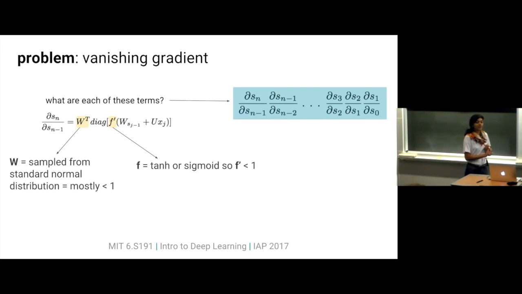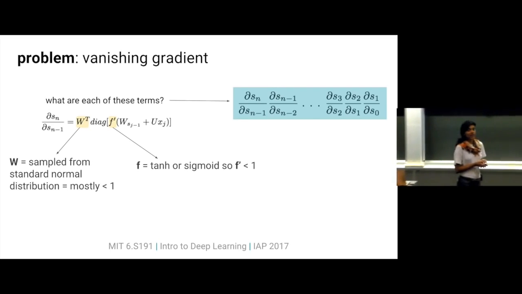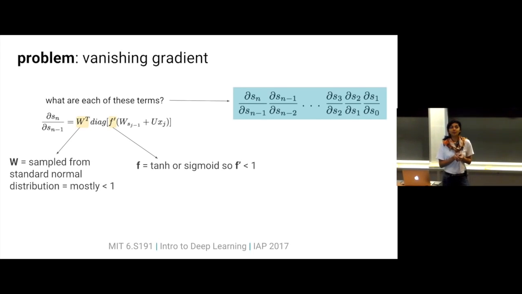And our weights start off initialized usually from a standard normal distribution, which is mostly less than 1. Our f prime is the derivative of our activation function, which is usually something like an inverse tangent or a sigmoid. And that derivative is pretty much always less than 1. So you can see we're multiplying a bunch of numbers that are pretty much always less than 1.